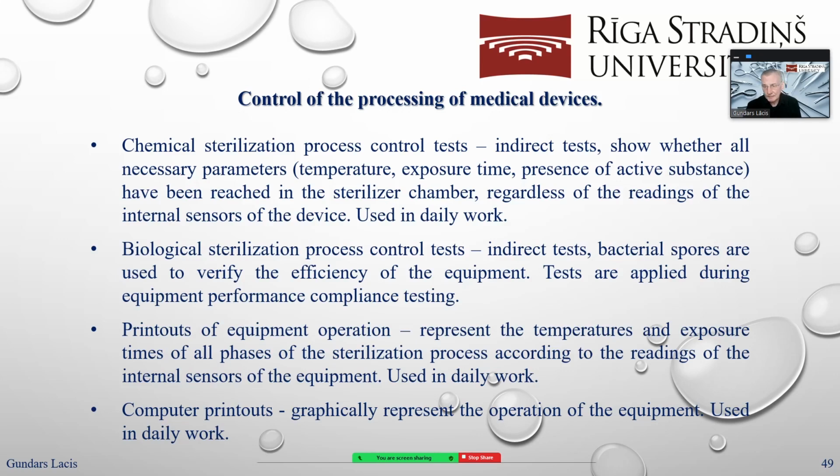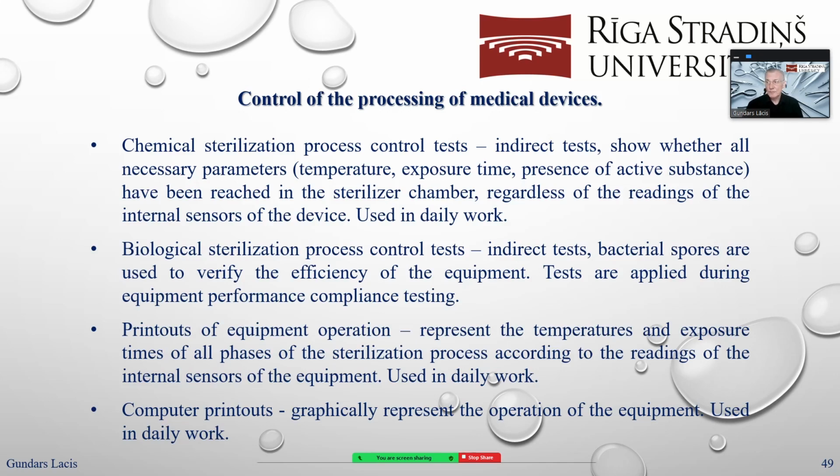And that is why sterility is only a probability, because all those indications except laboratory tests and protein residue tests are indirect. All those indications show how the machine worked, but no indication shows what happened with the instrument surface, what happened with the microbes on the surface.